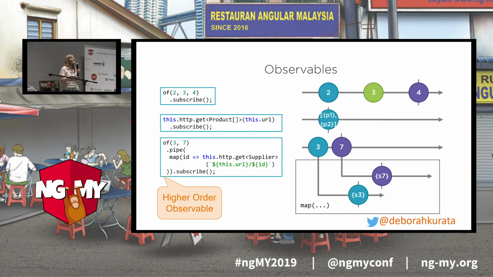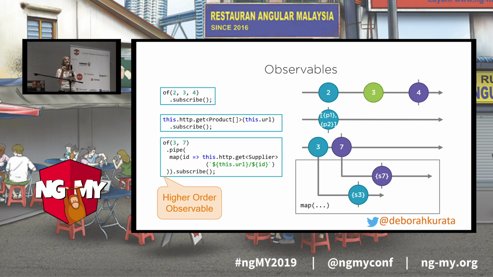So a higher order observable is an observable that emits other observables. So here my of 3 and 7 is on the inside generating additional observables. If you have any RxJS experience at all, if you look at this code, you might see immediately what's wrong.